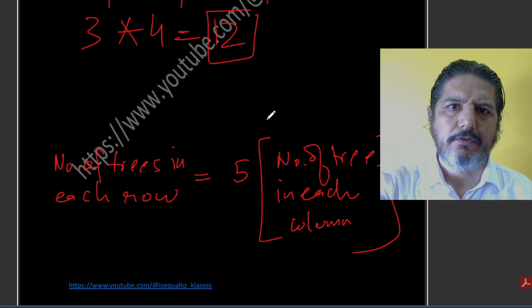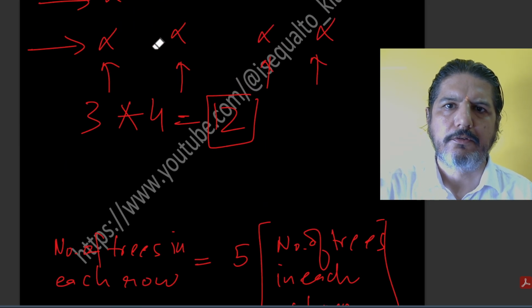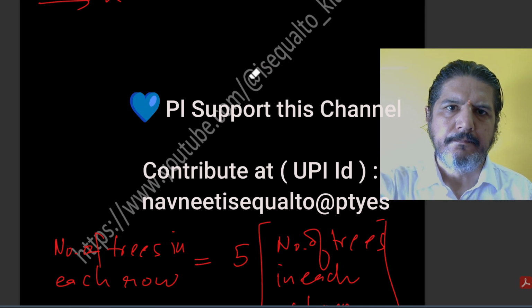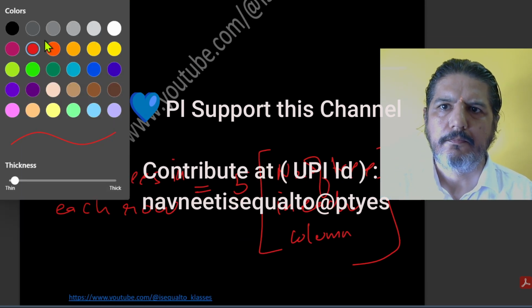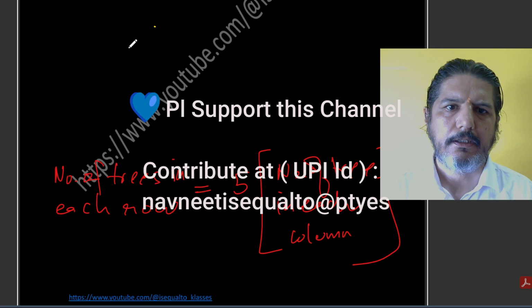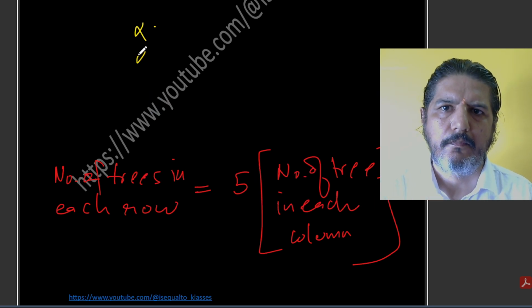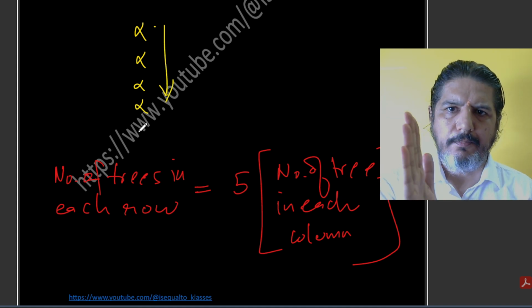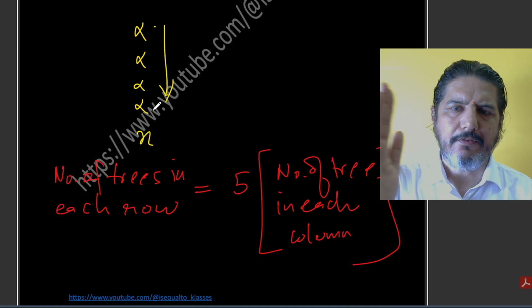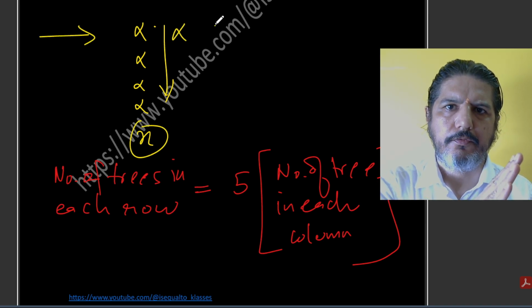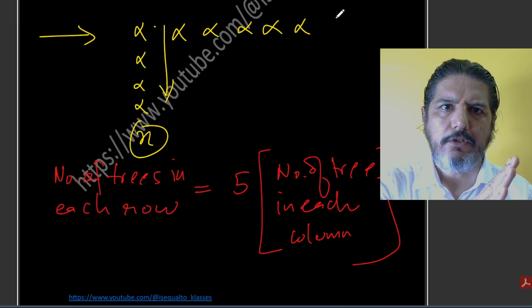And let's now understand what it means. Let the number of trees in each column be x. Then the number of trees in each row would be x plus 5.